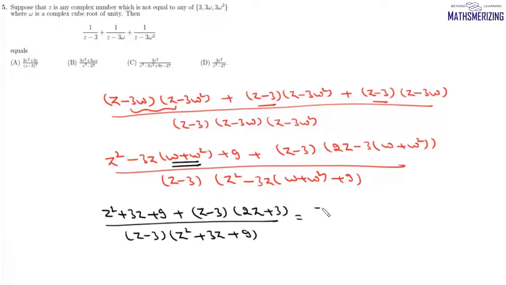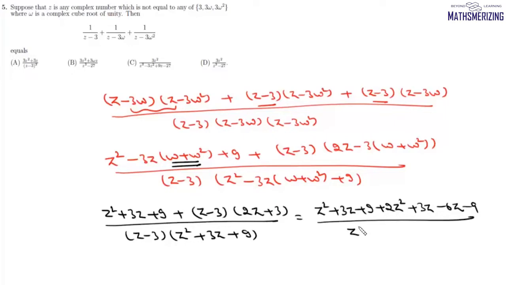So it will be z square plus 3z plus 9 plus 2z square plus 3z minus 6z minus 9, and this is a minus b into a square plus b square plus ab. So it will be a cube minus b cube. So it will be simply z cube minus 27.